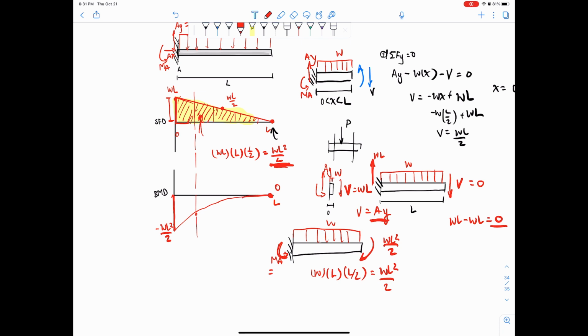And obviously, we don't want straight lines in the middle because we can take a cut really anywhere. It doesn't have to be where I cut it, right? But if you think about just adding these areas up and adding that to this value at WL squared over 2, that's how we increase the bending moment.